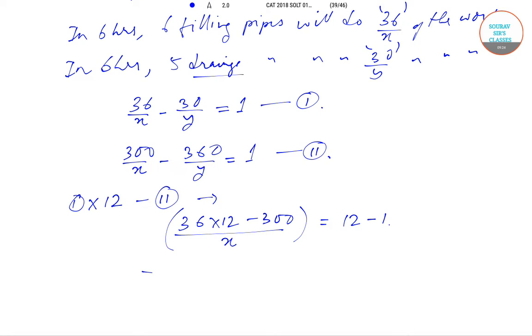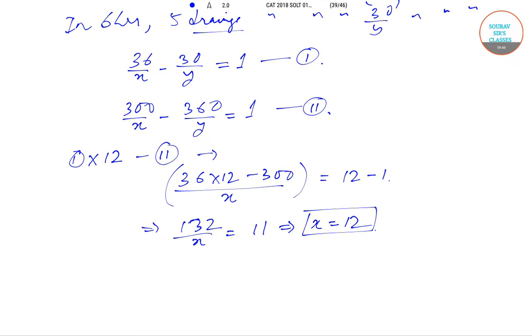So this will be equal to 36 into 12, which is 360 plus 72, which is 432. 432 minus 300 will be 132 by X equal to 11, and that will give us that X will be equal to 12. So one filling pipe can fill up the tank in 12 hours.